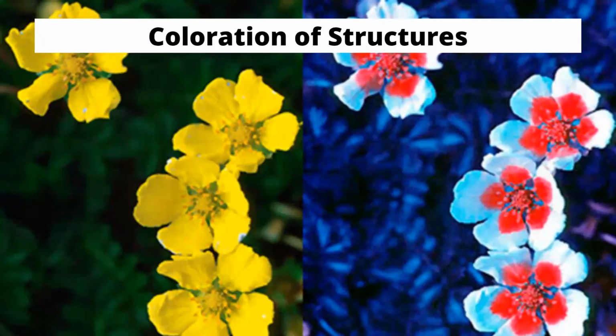So let's go over a little bit about our color now. This is one of the more fascinating aspects of this that I like, and I apologize for the quality of this picture. This one was taken by a lab, I think, in North Carolina, though I don't remember specifically now. I've gone over it so many times. And what they did is they took a picture of these flowers, and then they also took a UV image of these flowers.